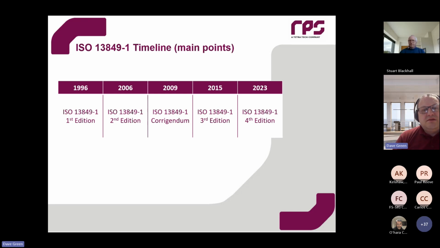There was a corrigendum in 2009, similar to the 2010 updates in 62061. 2015, there's that third edition, in line with the amendment for 2009, roughly around the 61508 update. 2015 is where the amendment to 62061 came, and then obviously 2023 there's the fourth edition of 13849.